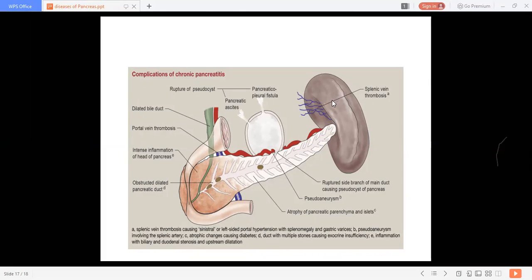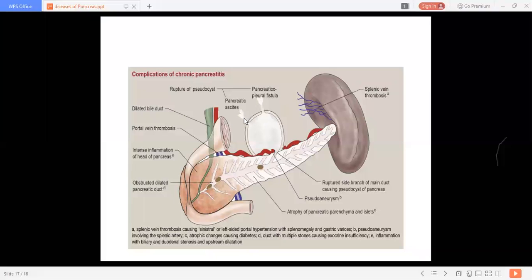The next complication is splenic vein thrombosis, thrombosis of the splenic vein. Now, what is the complication later on with this pseudocyst? There may be rupture of this pseudocyst, which will give rise to pancreopleural fistula, or pancreatic ascites.